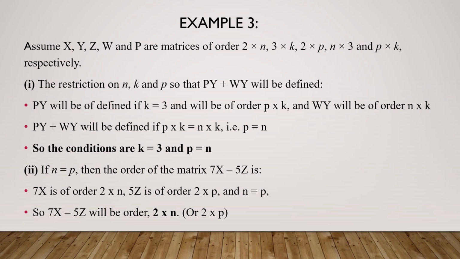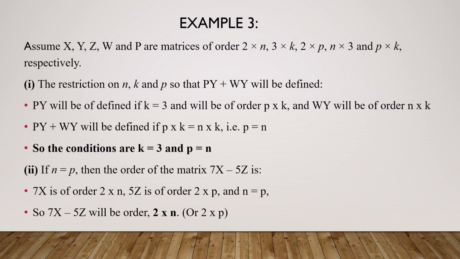Second condition, if n is equal to p, then what will be the order of the matrix 7x minus 5z? Now 7x is of order 2 cross n, since you are multiplying by a scalar. So 7x will also be of order 2 cross n. In the same way, since z is of order 2 cross p, 5z will also be of order 2 cross p.